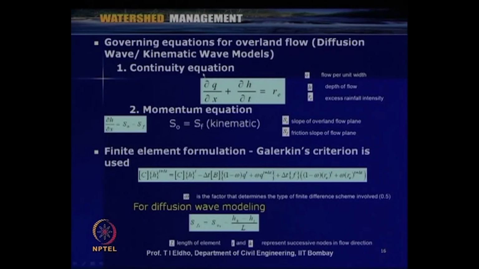We approximated the equation using shape functions, linear line elements, and the 1-dimensional model has been developed. This shows the finite element system of equations, and if you want to use the diffusion wave, it can be approximated like this and kept in the model.